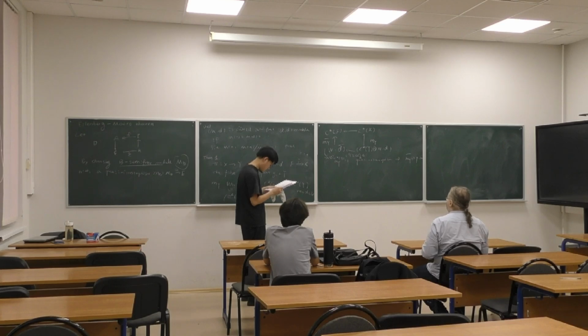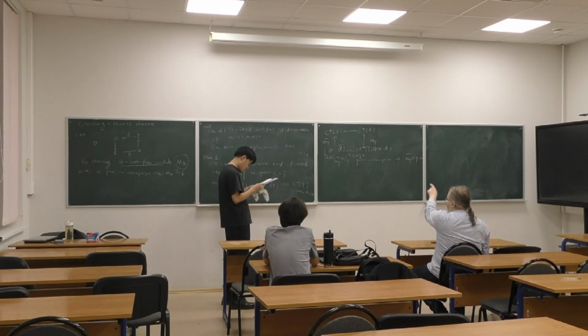The vertical arrow is in fact a quasi-isomorphism. This is how we construct it.